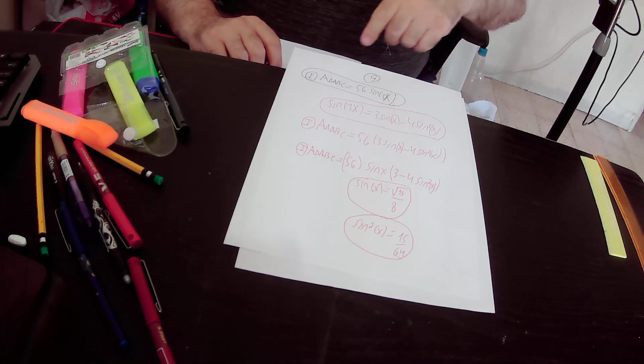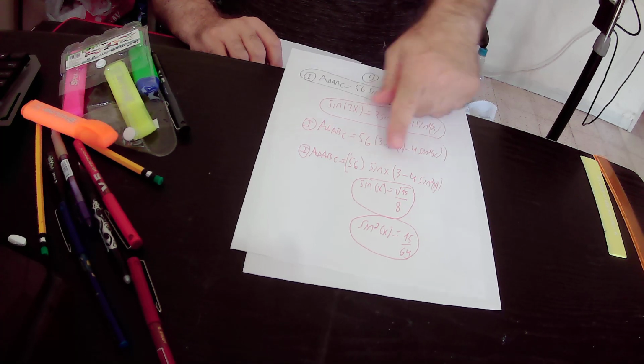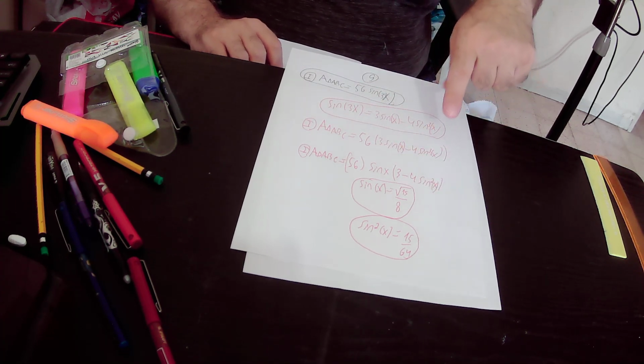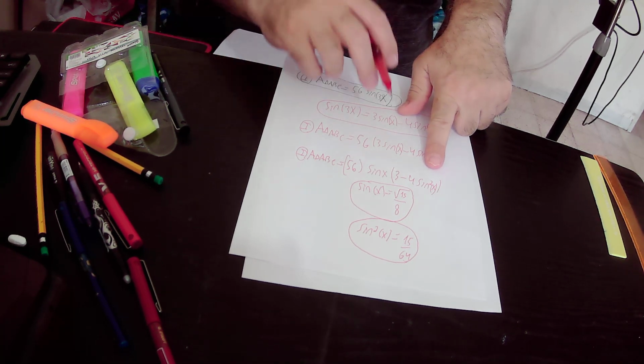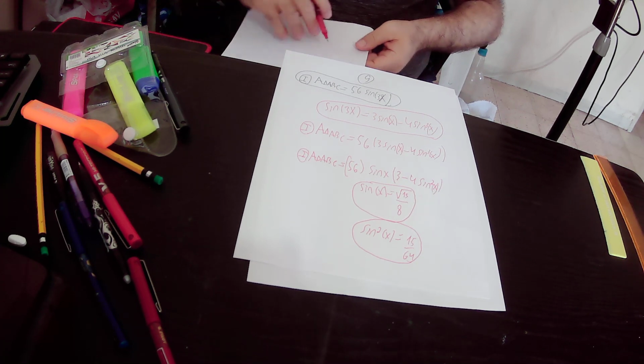In the next step, we'll substitute sine x by root 15 over 8, and we'll substitute sine square x in this expression by 15 over 64.